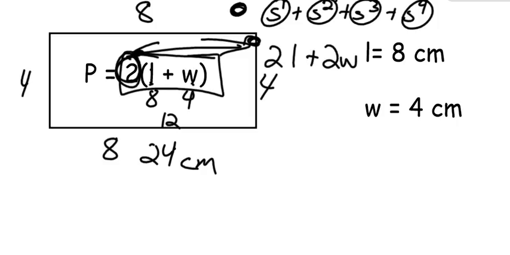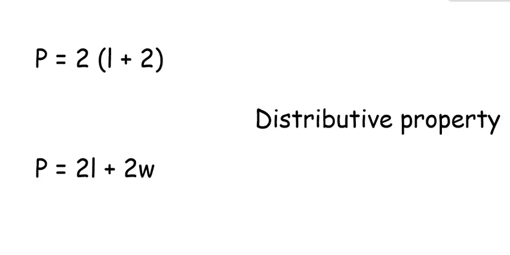Let's take a look at this to understand exactly what is happening here. We have these 2 ideas. Perimeter equals 2 times L, and now it says plus 2. Distributive property says, let's take this 2, and if we want to solve this, we first multiply by our first factor inside our problem.